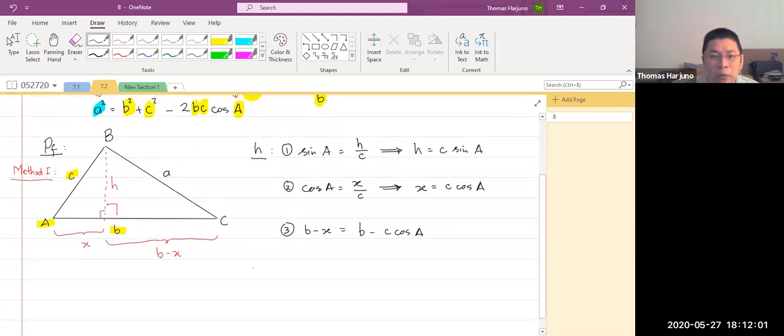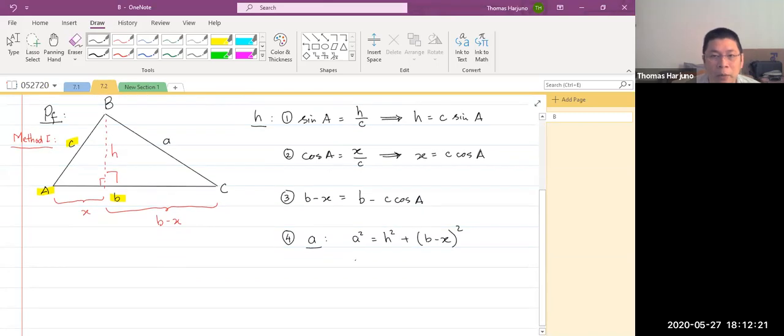Lastly, we will be able to find a, where a squared equals h squared plus (b minus x) squared. Right? Now my h squared is (c sine A) squared, and my b minus x is (b minus c cosine A) squared.